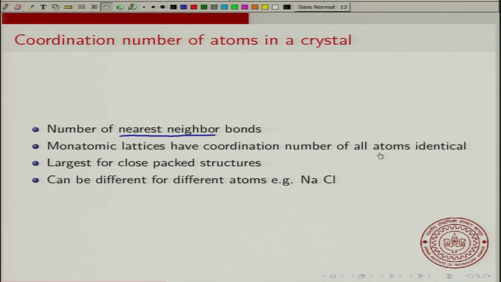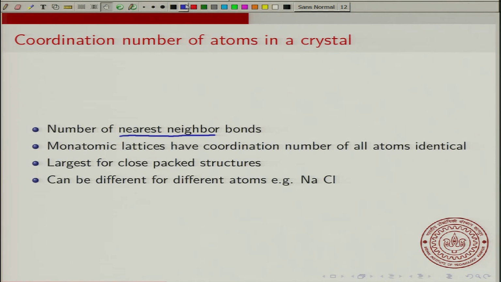The coordination number of atoms is usually largest for close packed structures, and we will see examples of that. Each atom in the crystal can have a different coordination number, and you can look at individual atoms in crystals and look at their coordination number.